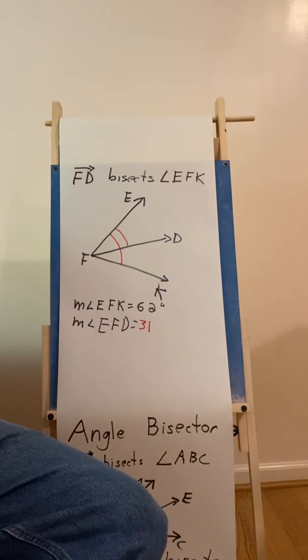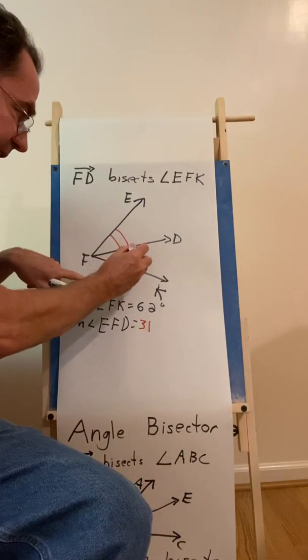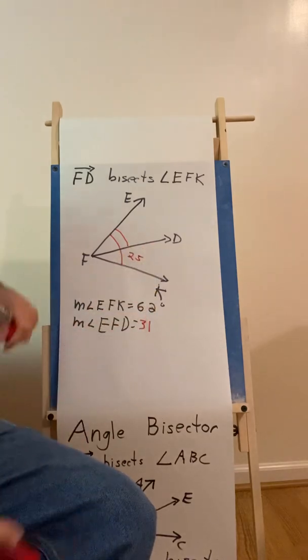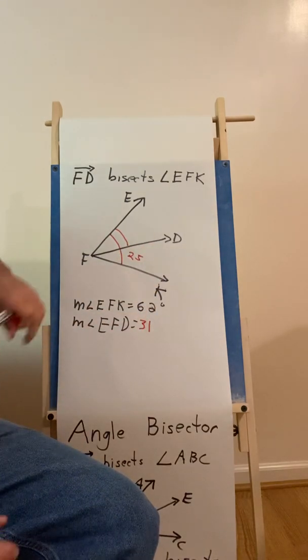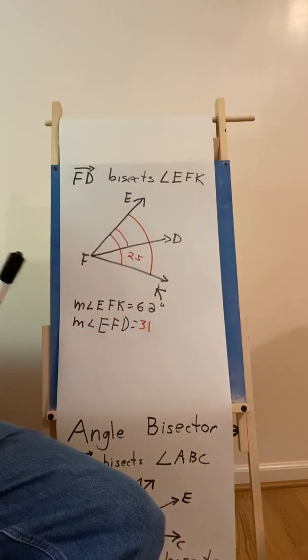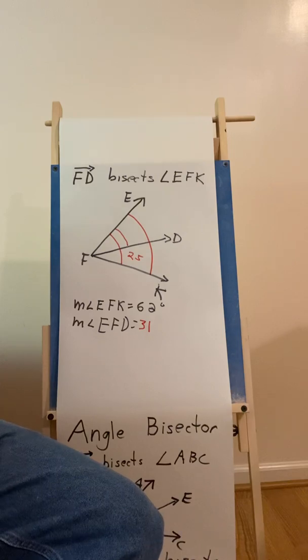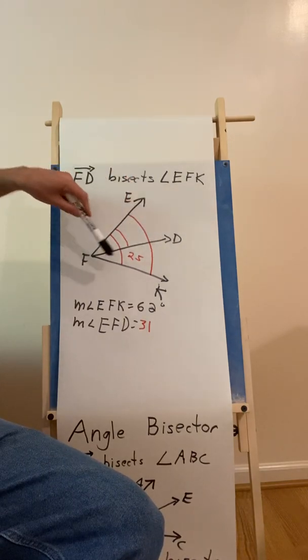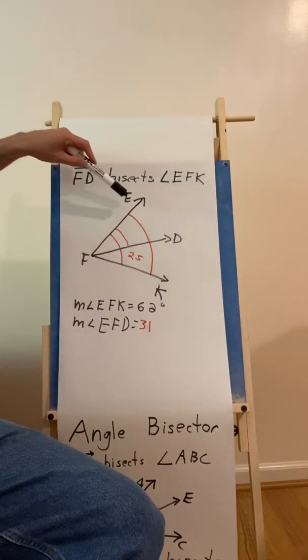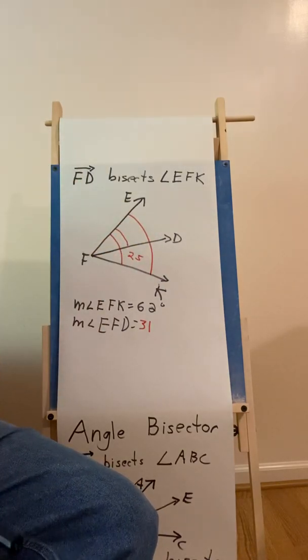Well, in this case, DFK is this angle right here I said was 25. And then I asked you what EFK was, which is the larger angle. Well, it's going to be double the 25. So if DFK is 25, EFK would be 50.